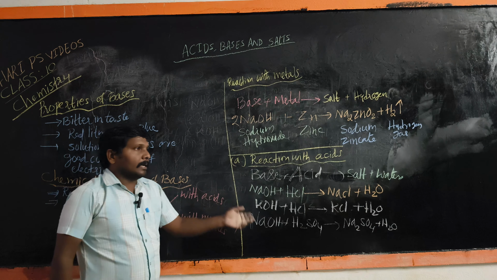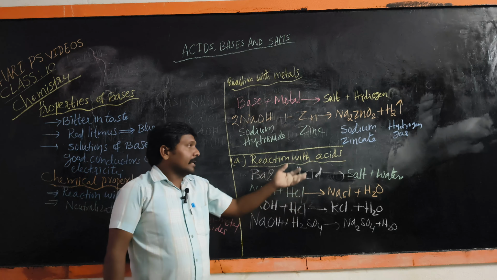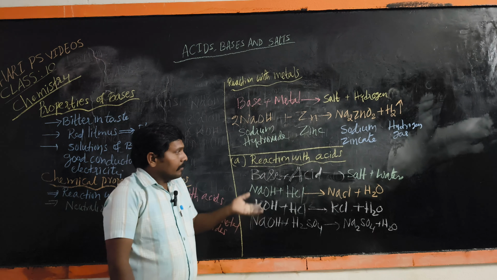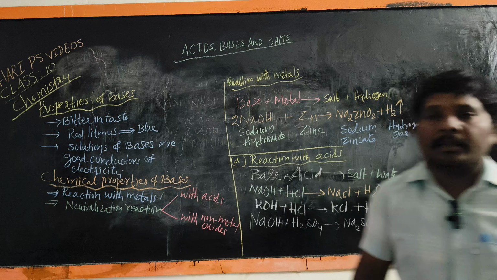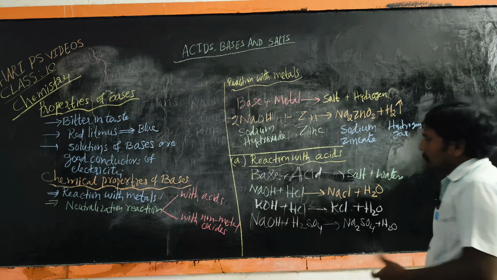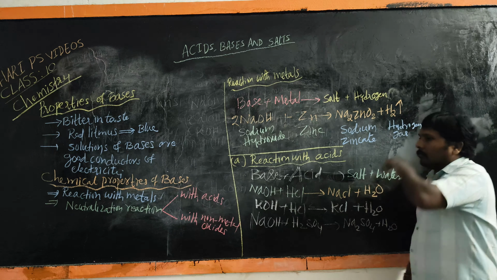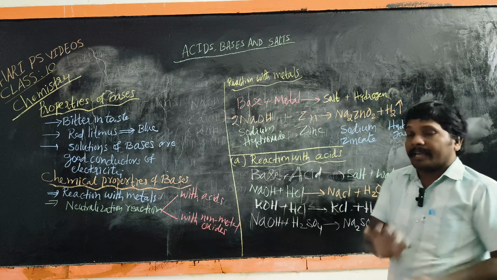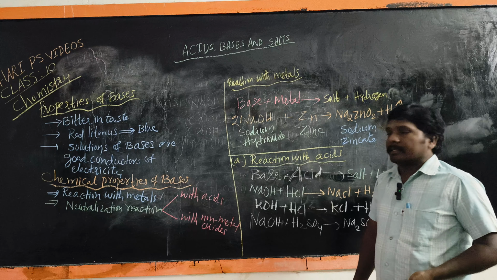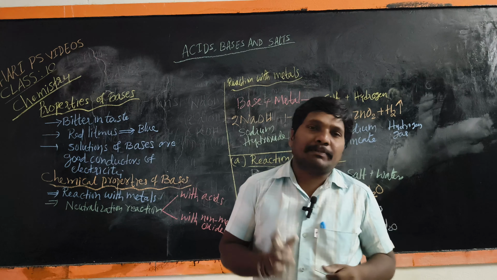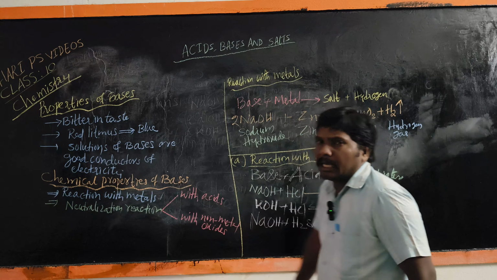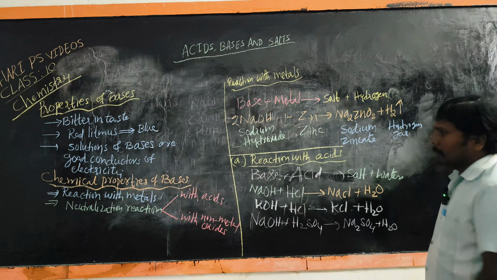So when bases react with acids, they form salt and water. As we discussed earlier, if in any chemical reaction salt and water is formed, such reactions are called neutralization reactions. Generally, neutralization reaction takes place between acids and bases.